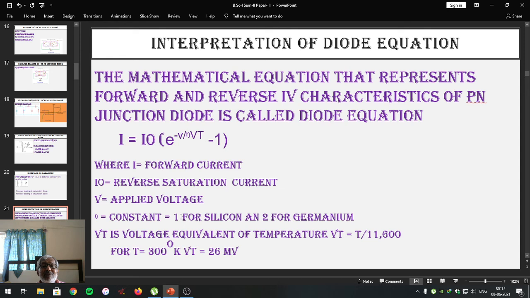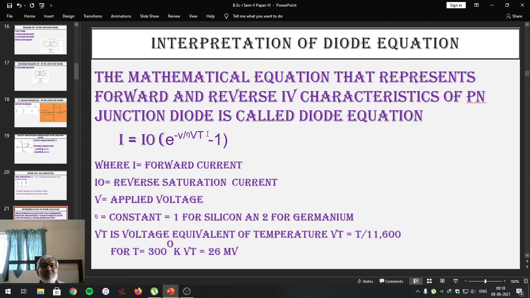Its value is 1 for a silicon p-n junction diode, and its value is 2 for a germanium p-n junction diode. If the diode is made of silicon, the value of eta is 1. For germanium, its value is 2.